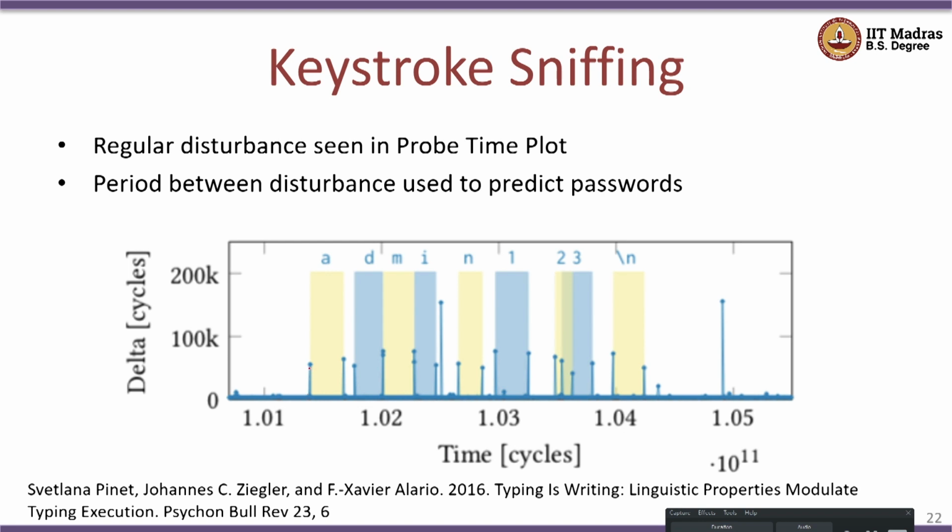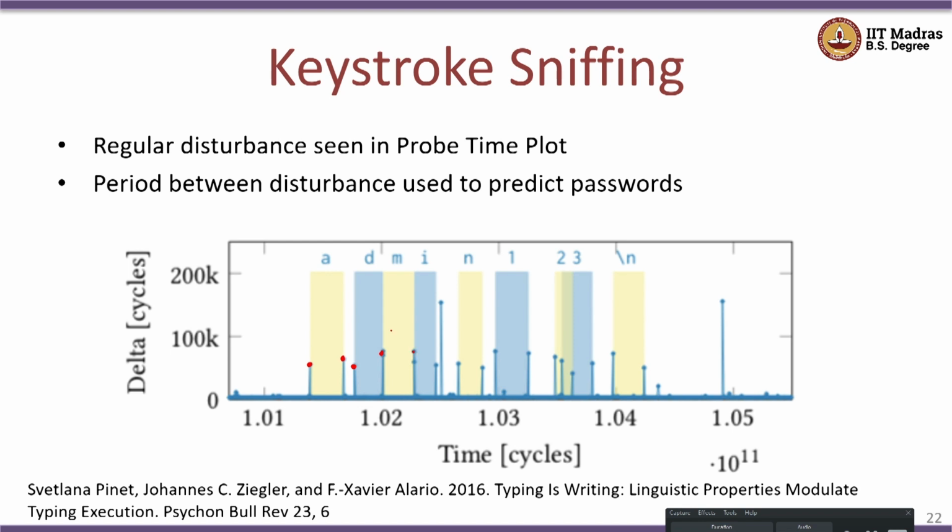So for example, every time there is a spike over a period of time, it would essentially mean that the access time had been longer at that particular instant. So for instance, here and here is where we have observed a higher access time, and this could possibly be due to a user essentially pressing or typing in a keyboard, right?